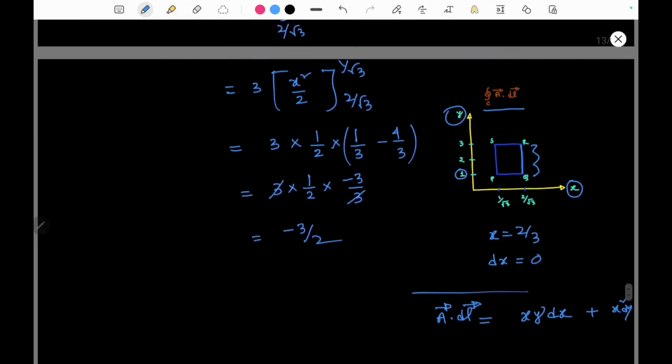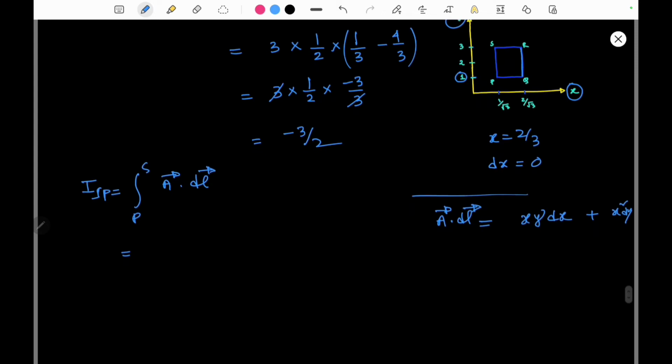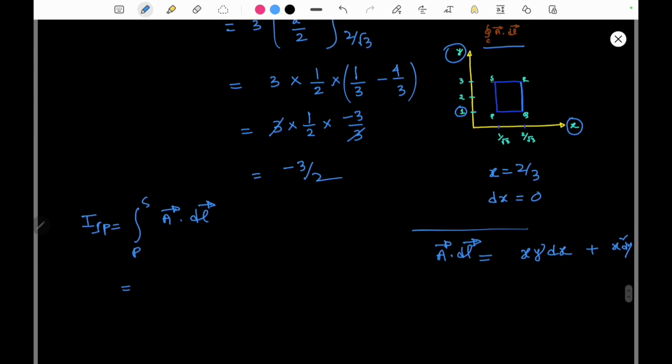Okay, so in this line also we got the integration value. Now in the line P2S, a vector dot dl vector, this value we need to find out. So here again we can see in S2P what is constant. Here from S2P, x equal to 1 by root 3.